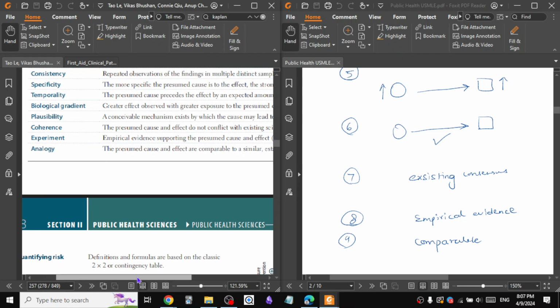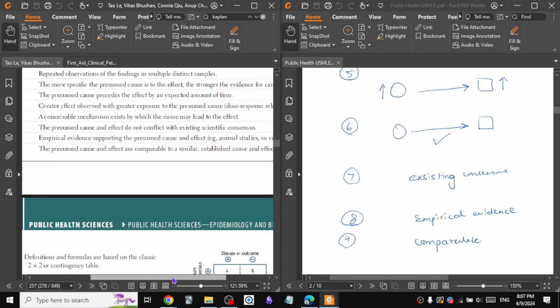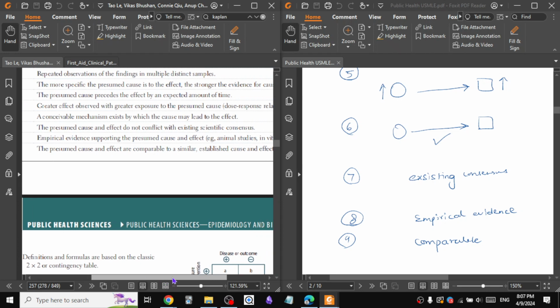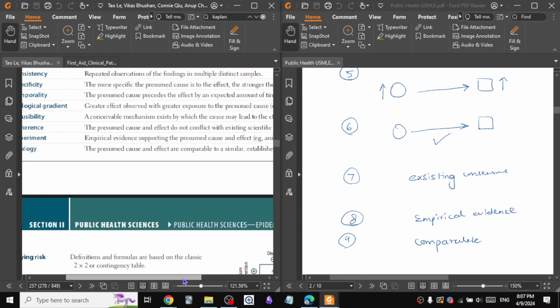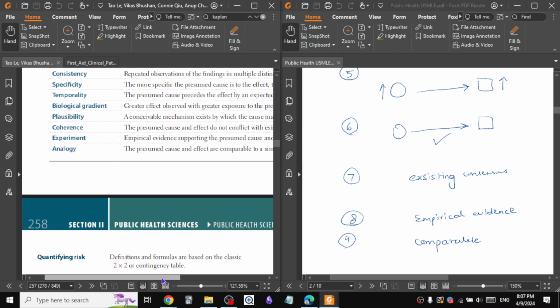Coherence: the presumed cause and effect do not conflict with existing scientific consensus. Existing consensus allows us to build foundations and extrapolate on top of them. But if this is some random idea with no credibility, it doesn't make any sense. So that's what coherence means here.